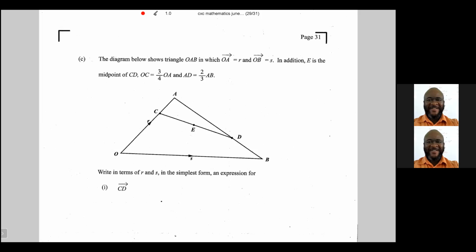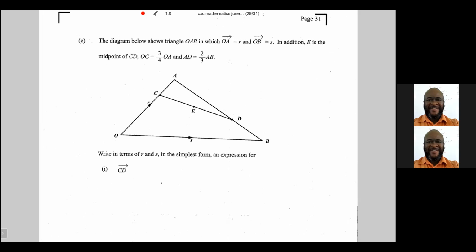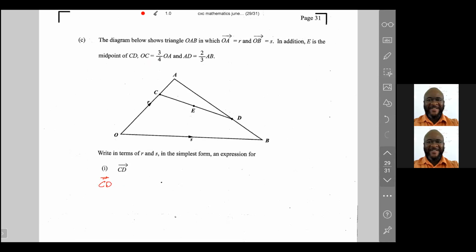Well, let's get CD. First of all, using the triangle law of vectors, vector CD is equal to CA plus AD.